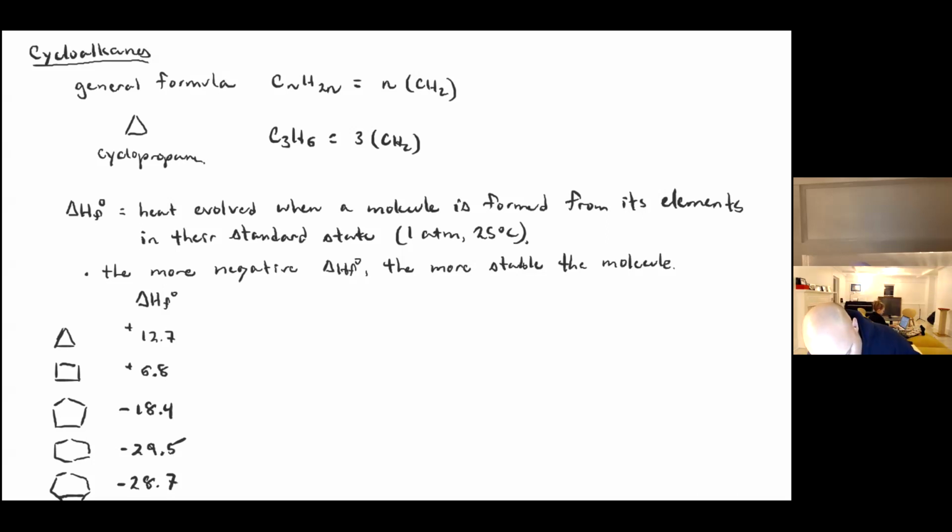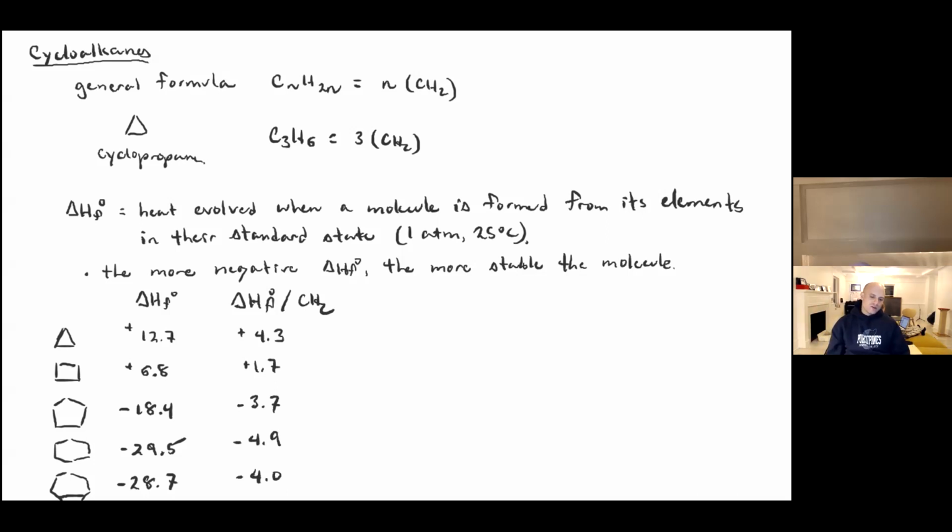So we can make a second column with delta HF naught over CH2, okay? And so here we're going to get plus 4.3, plus 1.7, minus 3.7, minus 4.9, and then minus 4.0, okay?